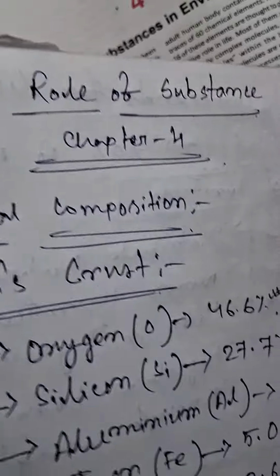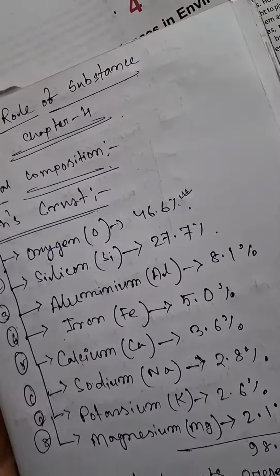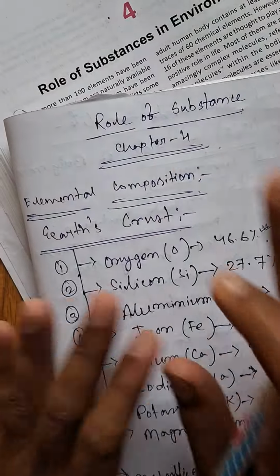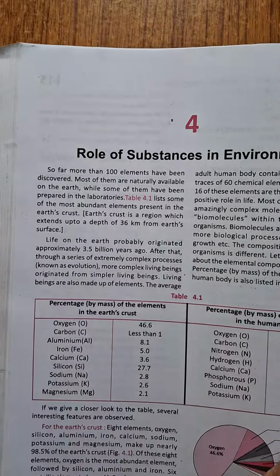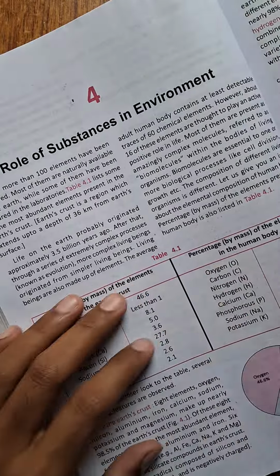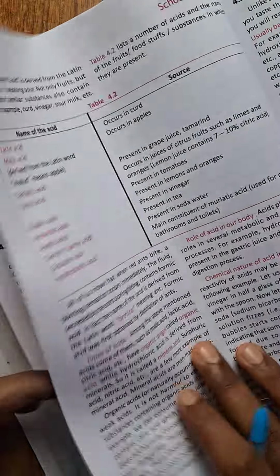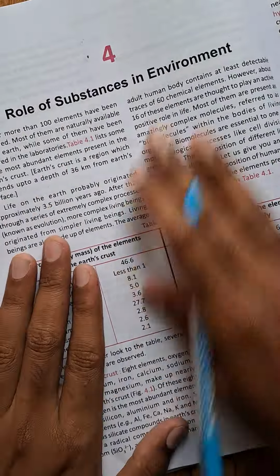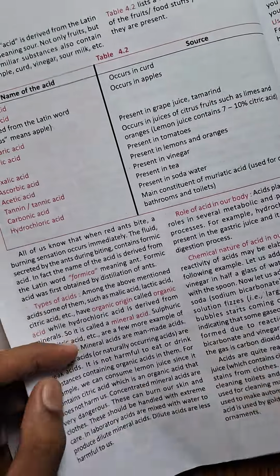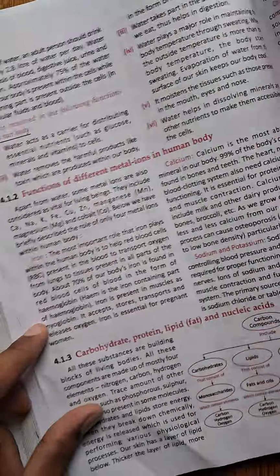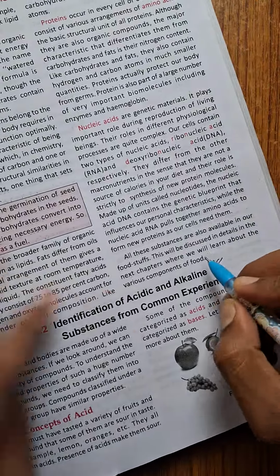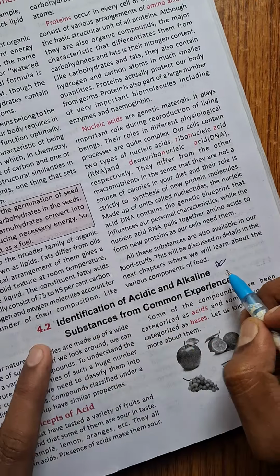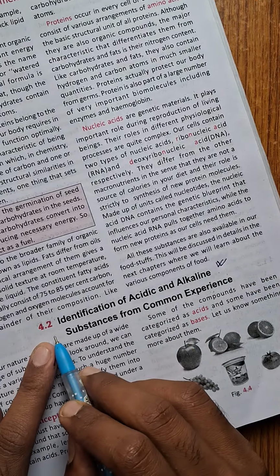Previously we have learned about the essential composition or essential elements present in the earth crust. So till then we will mark some questions. This is your chapter 4. I have covered till page number 119, before 4.2.